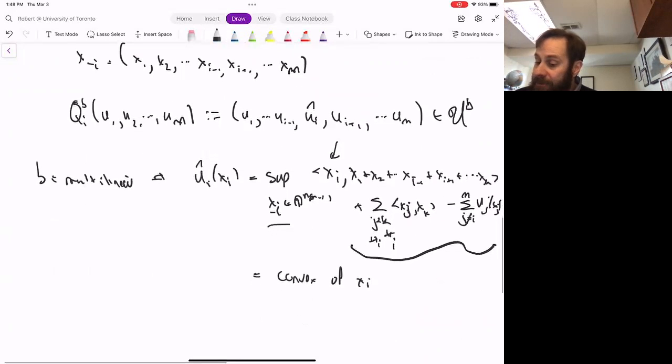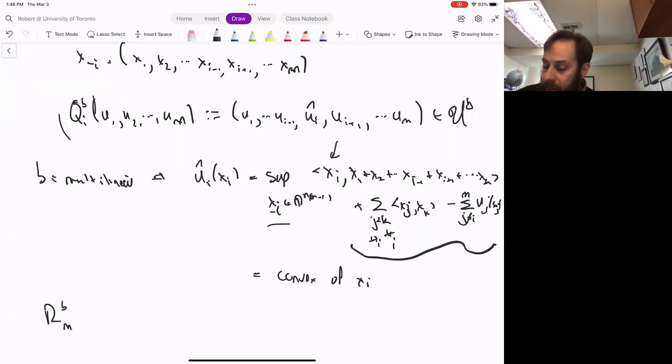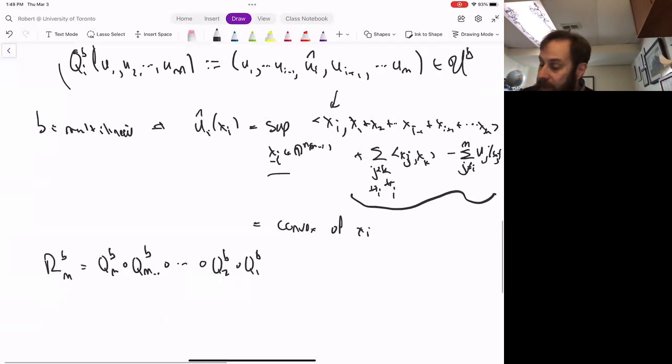And so basically, if I iterate these operators qi, so if I define an operator r, let's say rmb, which is basically something like qmb composed with qm minus 1, b composed with all the way down to q2b composed with q1b, what's going to happen is, as I apply these operators qi, at each stage I'm going to improve my candidate for the minimum problem and stay in the constraint set.